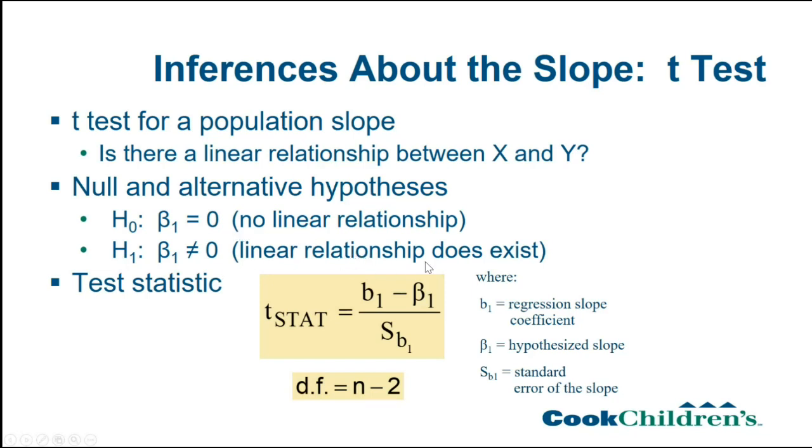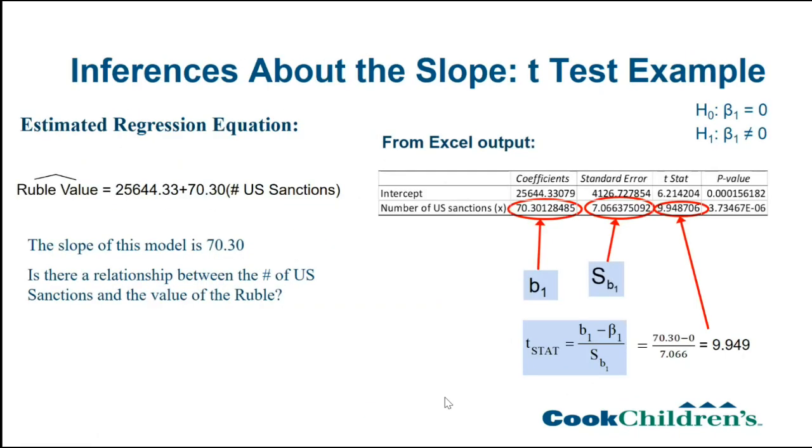But if there is a linear relationship, then it will not equal 0. So you look at the t statistic, which is equal to the regression slope coefficient minus the hypothesized slope over the standard error of the slope. And then degrees of freedom is n minus 2. These are all populated once you do your regression analysis in Excel.